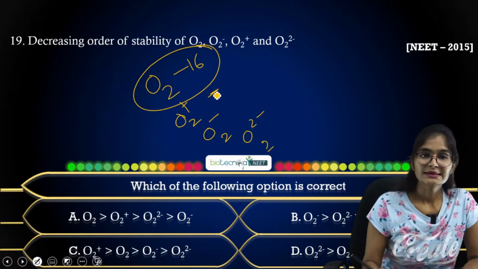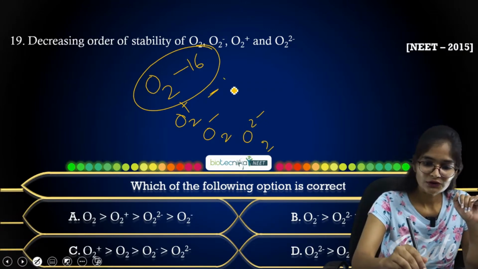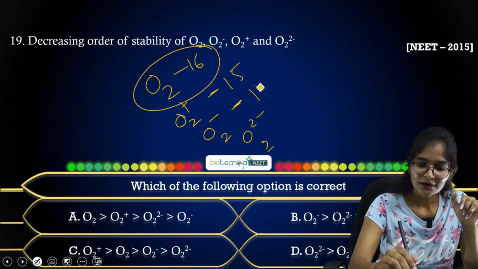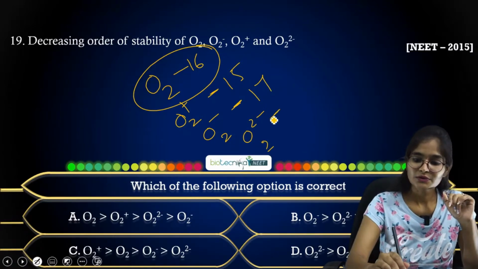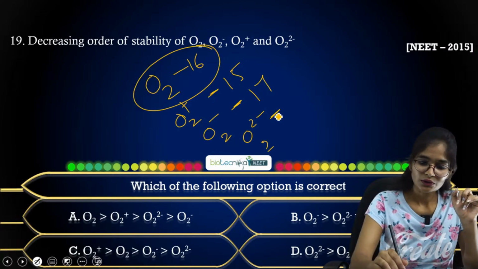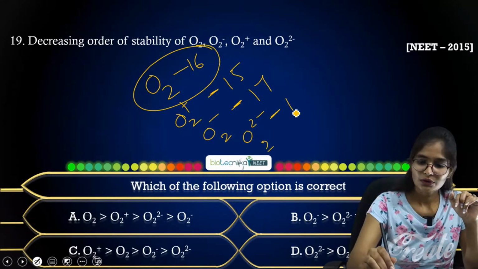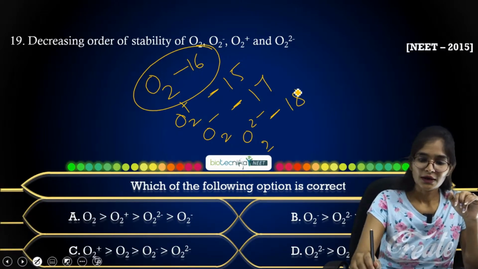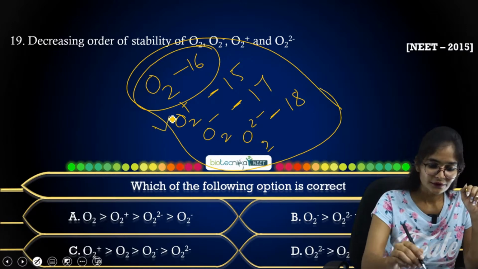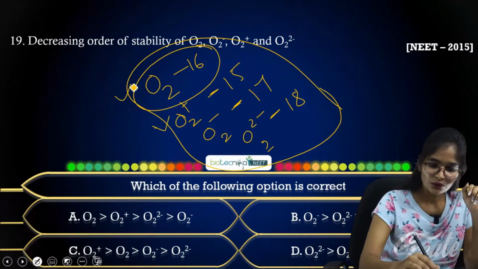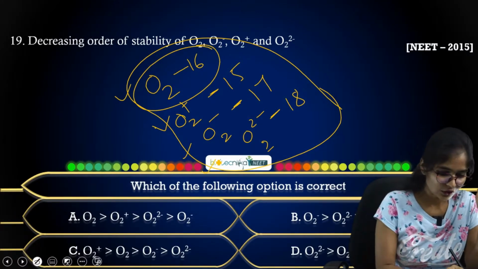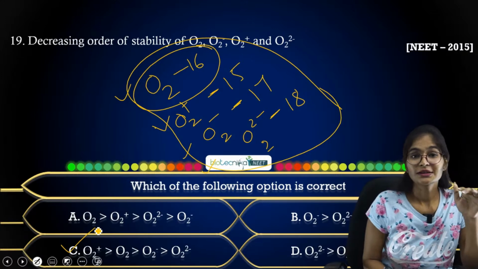For O2 plus you reduce one electron, so it is 15. For O2 minus you add one electron, so 17. For O2 2 minus you add two electrons to the 16 of O2, so 18. If you calculate overall, you get the order O2 plus first, then O2, then O2 minus, then O2 2 minus. So the answer is option C for this question.